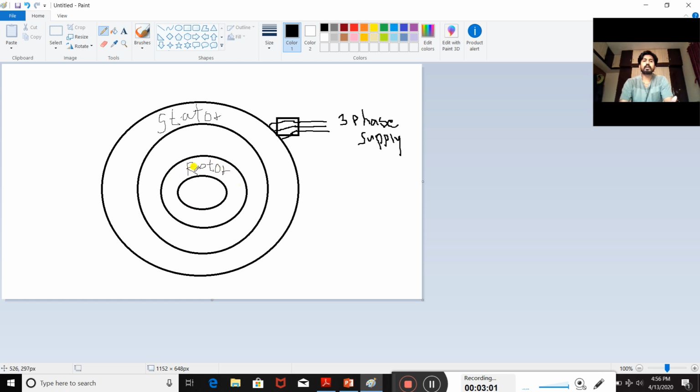As rotor current starts flowing in the rotor winding, now we can use the definition of motor: a current carrying conductor placed in a magnetic field experiences a mechanical force.